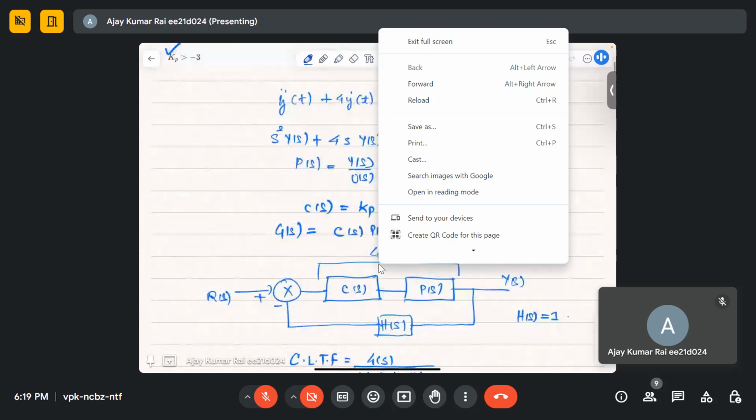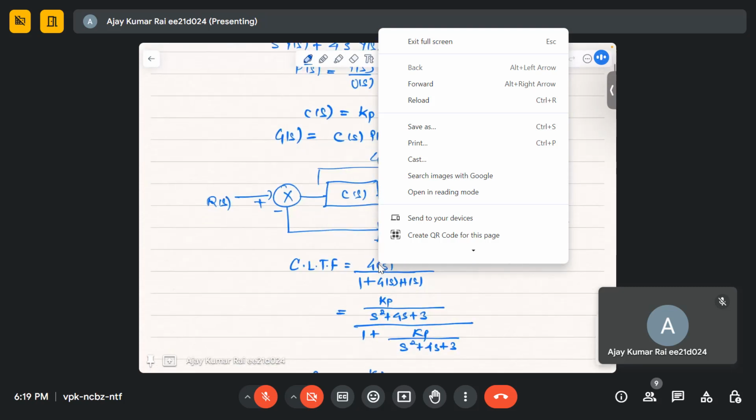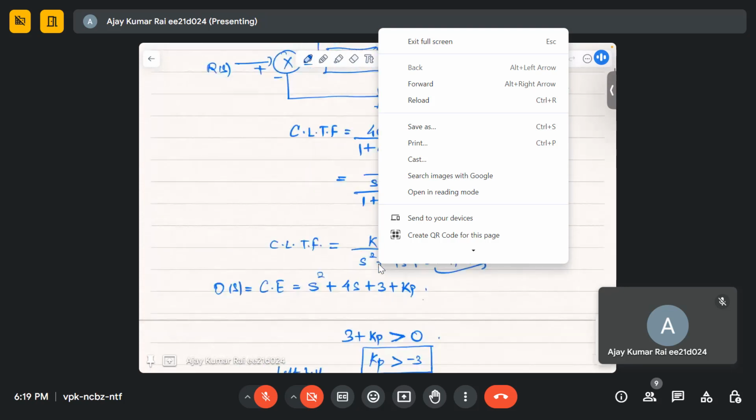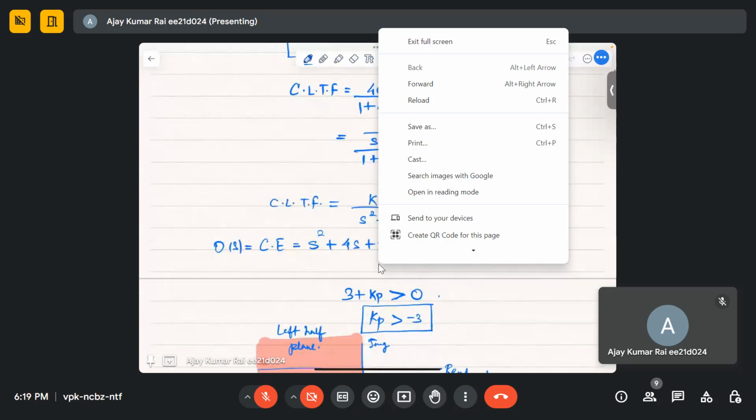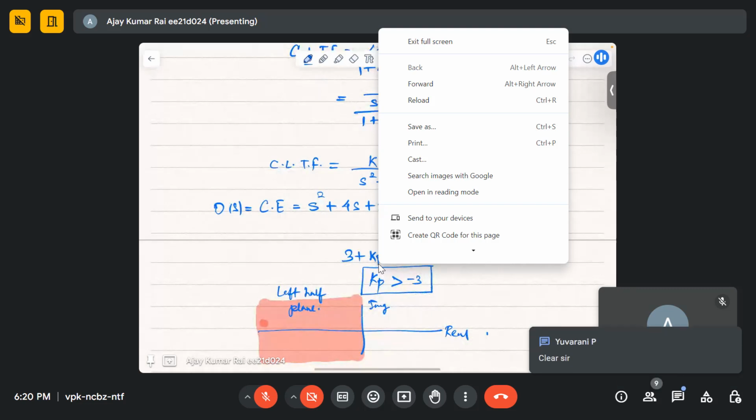So any doubt in this case? The plant equation was given. We found out the closed loop transfer function. Then by seeing its characteristic equation, how to ensure that the poles are on the right hand side or left hand side?